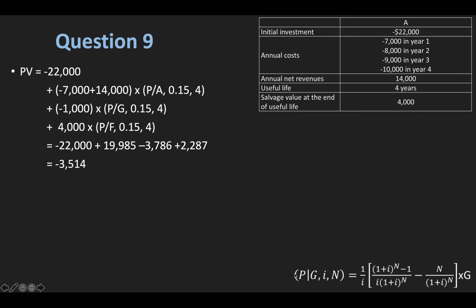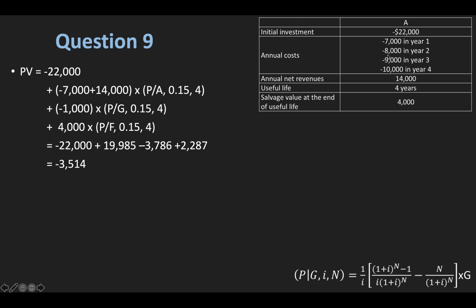Remember we said that if we want to use the gradient cash flow, one important thing to remember is that the cash flow needs to have 0 value on year 1, and then each year increases or decreases by a constant amount of money.